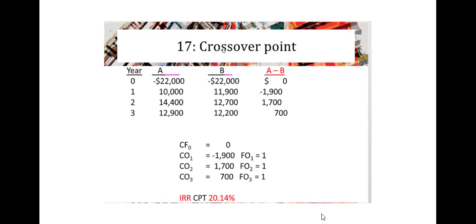If the NPV of the difference of cash flow is 0, it means that you're finding the IRR of the difference in cash flows. So this IRR is the discount rate that equates the NPV of each project, as seen on the next slide.